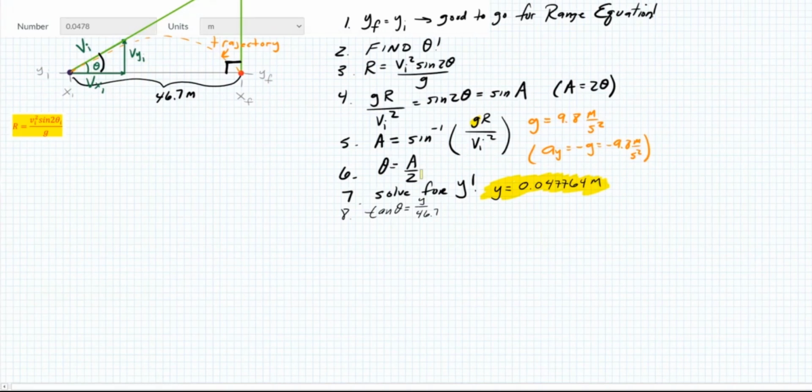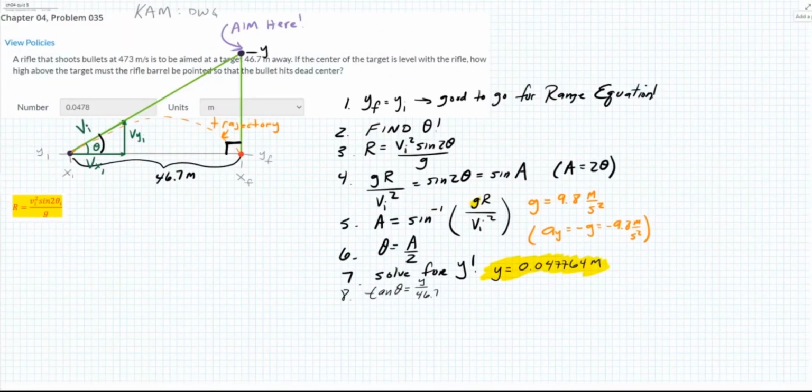All right, so when I did this, step 4 is good, hopefully, to go. Step 4 is making sense, I think. Step 5, you solve for A using arcsine. So I'm looking at step 5: 9.8 times 46.7, which is that big R number, which stands for range, divided by 473 squared.